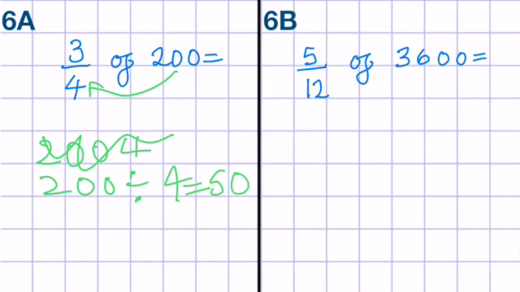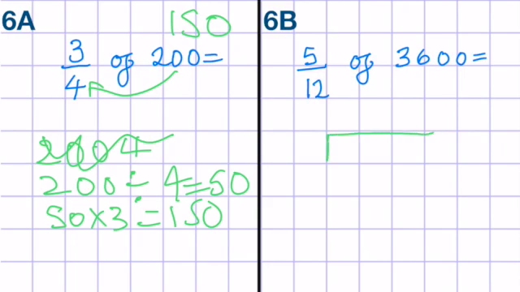It's actually 50. And then 50 times 3 equals 150. So the answer is 150. Divide by the denominator, times by the numerator. Next, we've got 3,600 divided by 12. And then we're going to times the answer by 5.